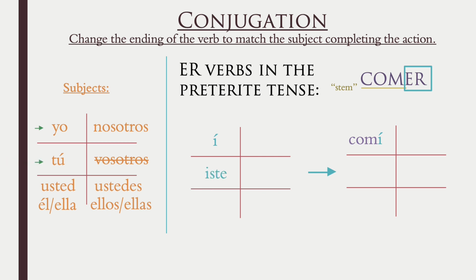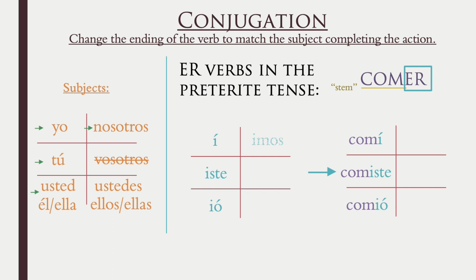For tú, the ending is iste. So if I swap out that ER for iste instead, I get comiste. You ate. For usted, él, and ella, the ending is ió. So if I keep my stem the same, switch out the ending, I get comió.